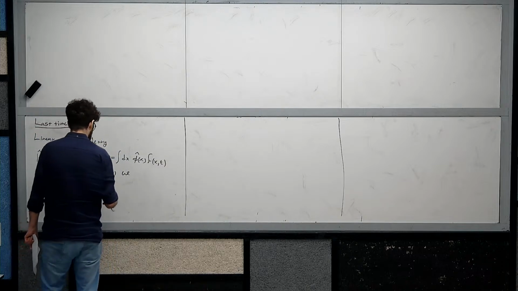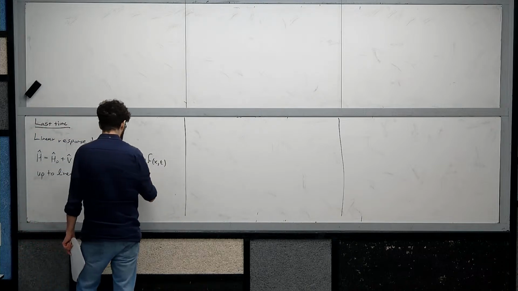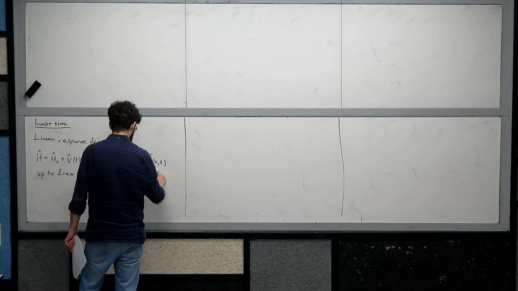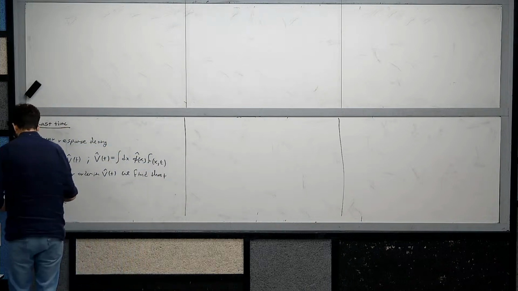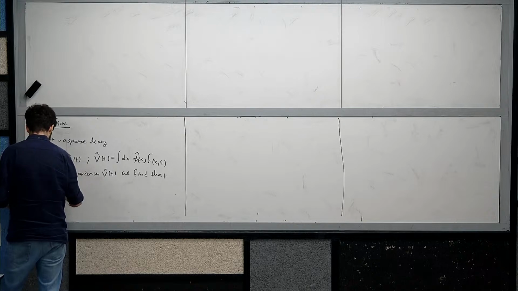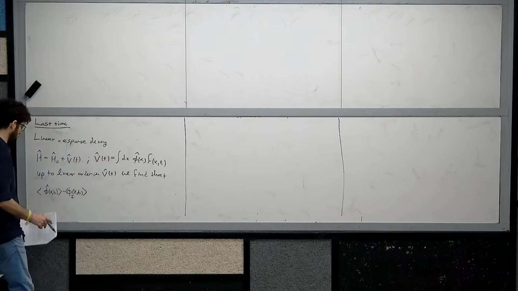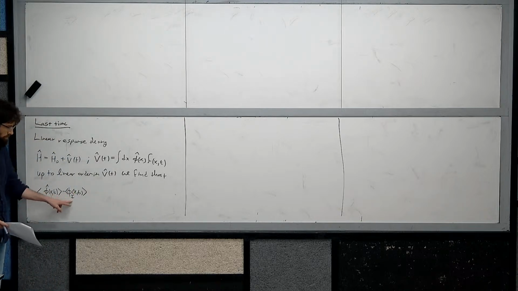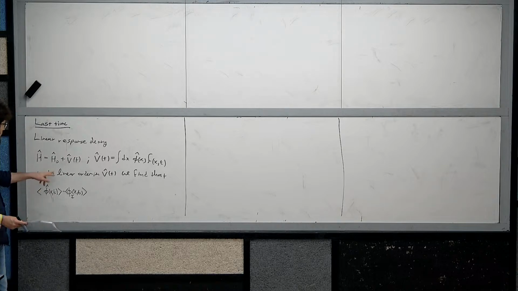And we find that phi of x and t minus phi I of x and t, where we said that the interaction picture is evolving only with H naught.